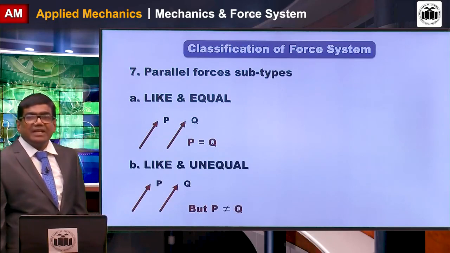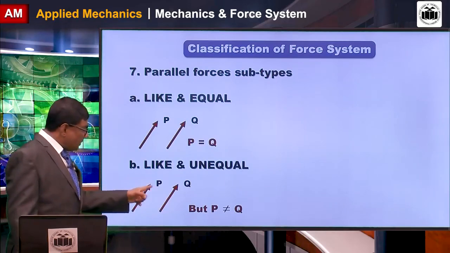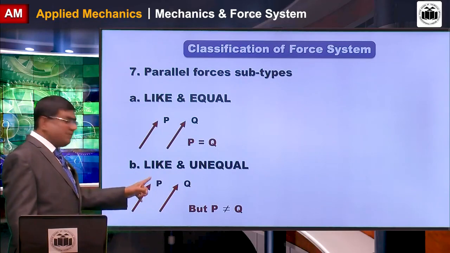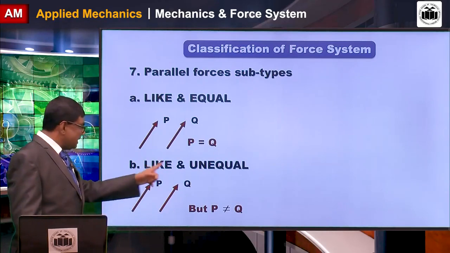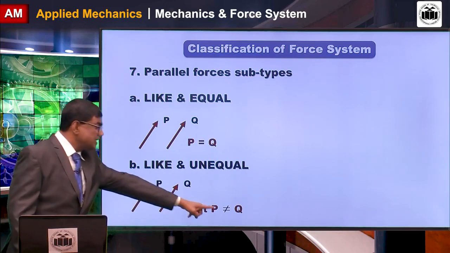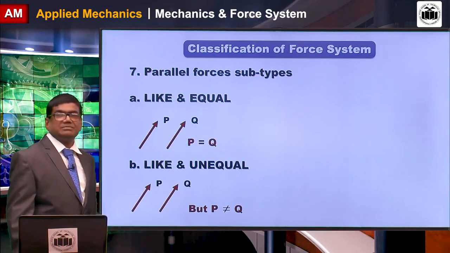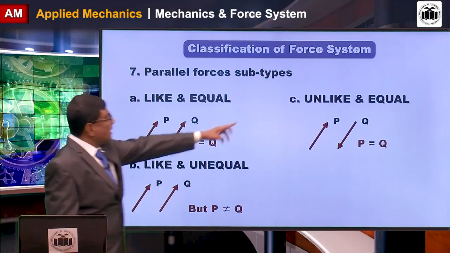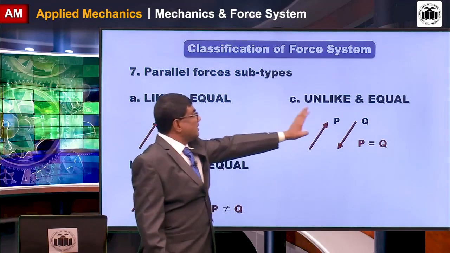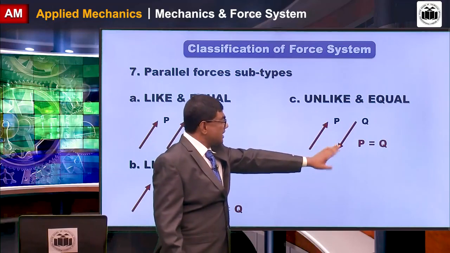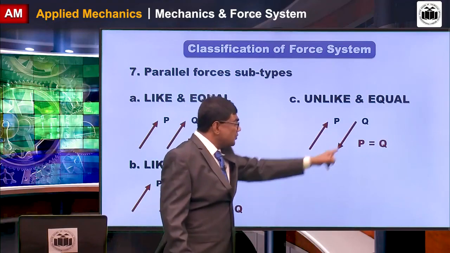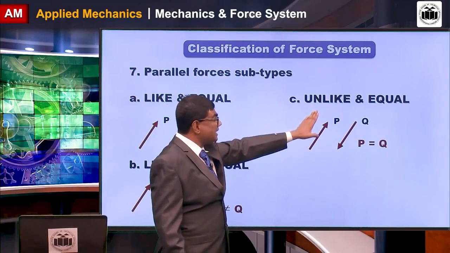Next, like and unequal. The forces P and Q have the same direction, so they are like, but their magnitude is not the same. P is not equal to Q, so they are unequal. Next, unlike and equal. Their direction is not the same: P is upward, Q is downward, so they are unlike.